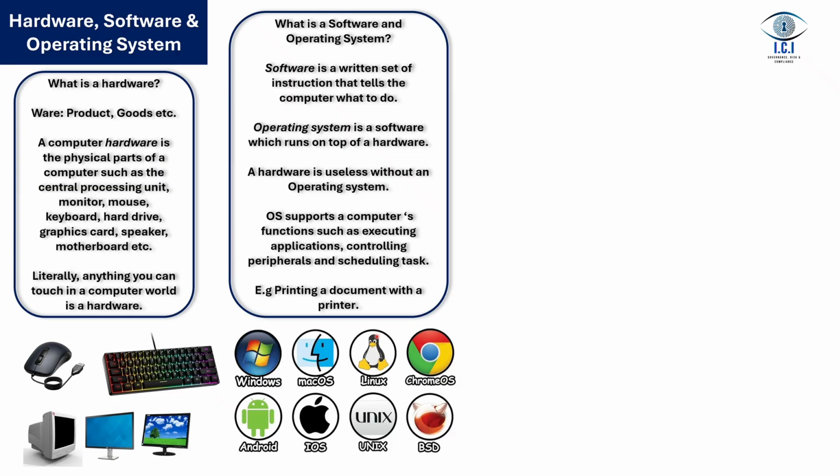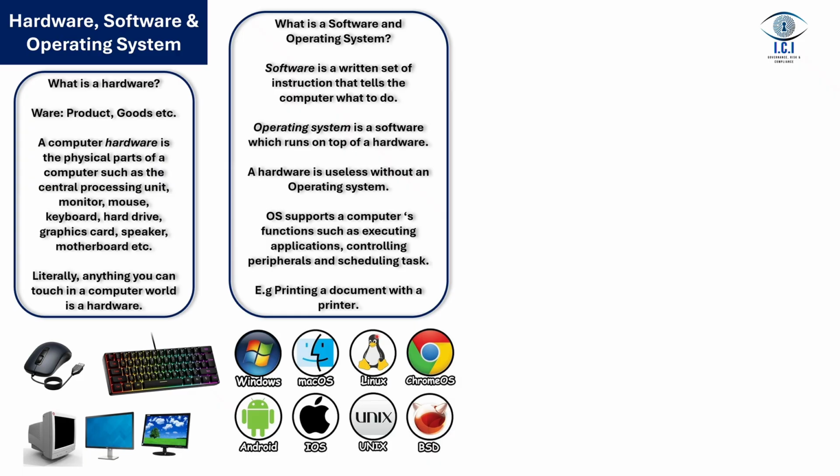Now, what is an operating system? An operating system is also a set of instructions, which is definitely the definition of software, which runs on hardware. So the software is a written instruction that tells the computer what to do.